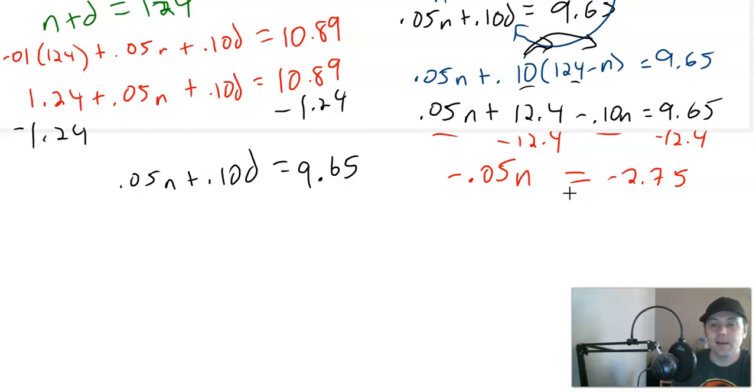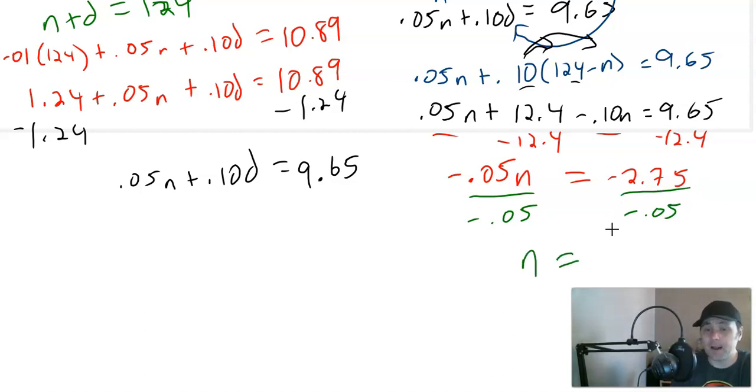And then I'm going to divide by negative 0.05 on both sides to solve for N. And I should get a nice answer here. It needs to be positive. It needs to be a whole number because otherwise it wouldn't make sense for this problem. And it looks like it should work out nice. Now, I'm thinking 20, 40, and then 15 would be 55.